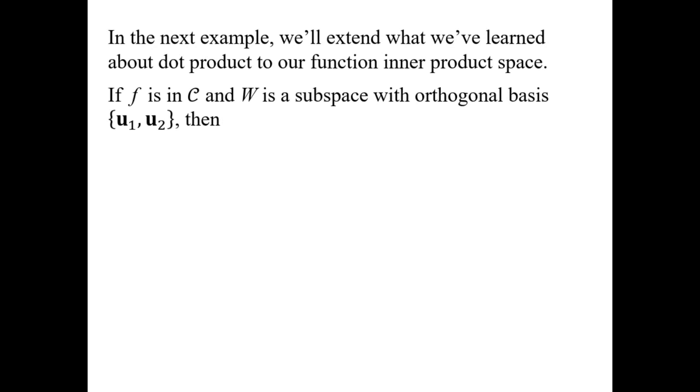So if f is in C, some function in our overarching vector space, C of A, B, or whatever, and if W is some subspace with an orthogonal basis u1 and u2, that concept of an orthogonal basis is the same. It's just now that u1 and u2 are functions. Their span is all of W, and they are linearly independent, and they are orthogonal to each other.